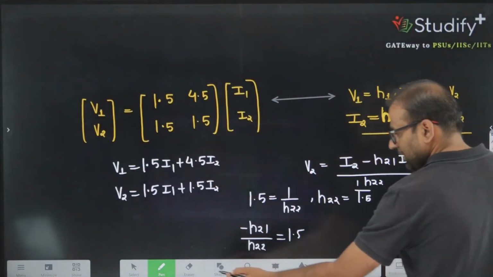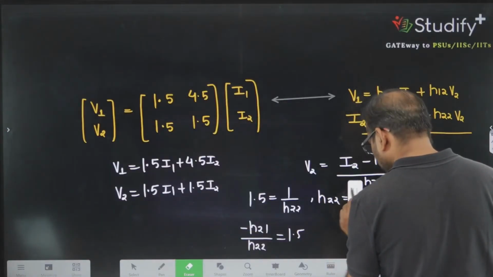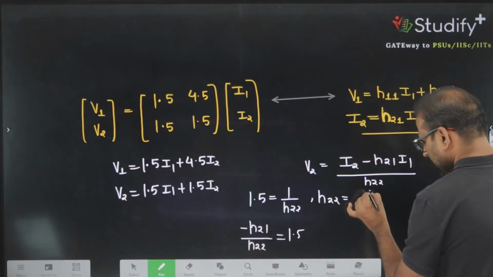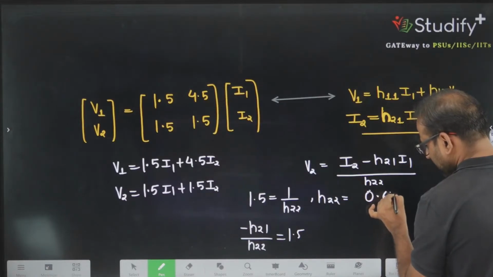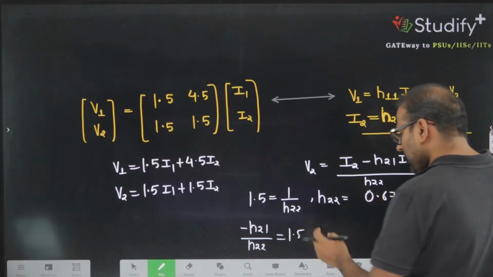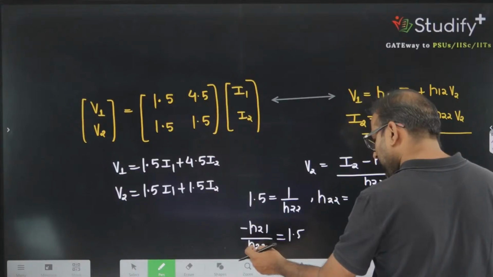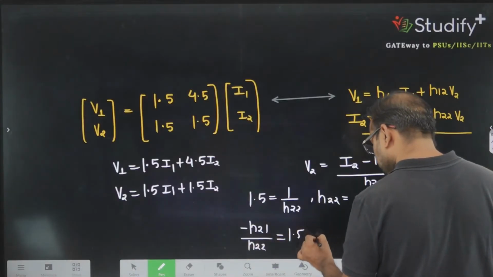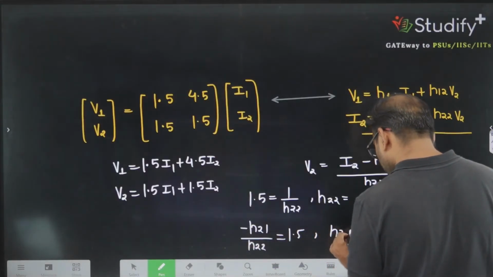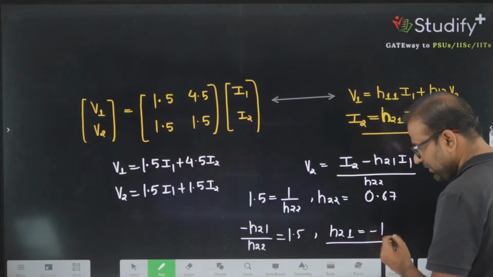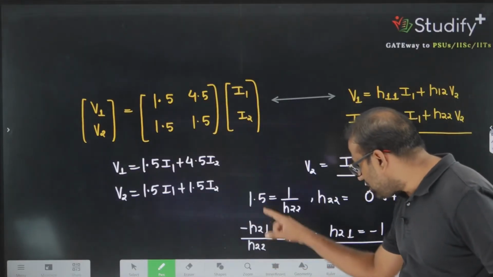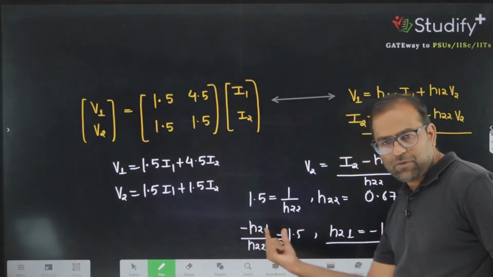Yes. So one of the parameters we can have is 0.67. What is another parameter? You know that 1 by H22 is 1.5. So you can say H21 is equivalent to minus 1. Because 1 divided by H22 is 1.5, the 1.5 is cancelled.